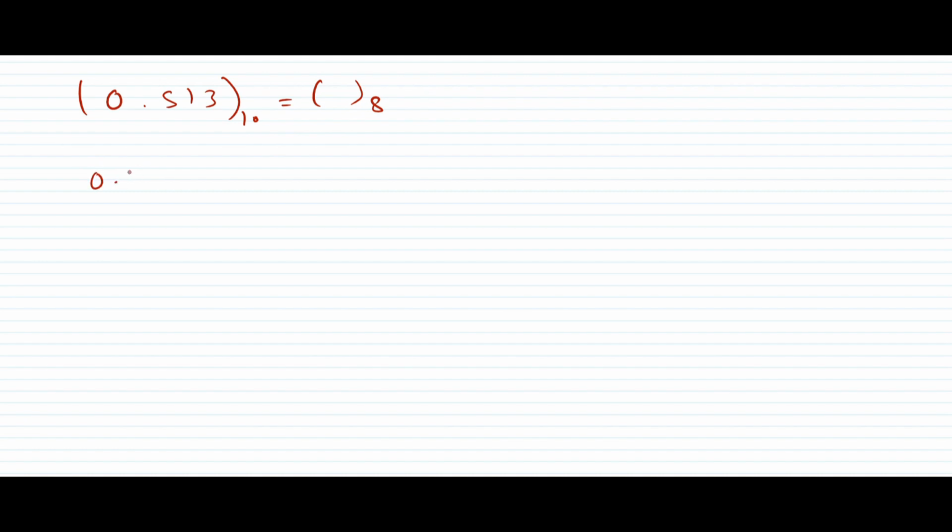We have to multiply 0.513 by the required base, which is 8. So this will be something like 4.104. So it can be written like 4 plus 0.104. This 4 is the integer part, this one is the fractional part.